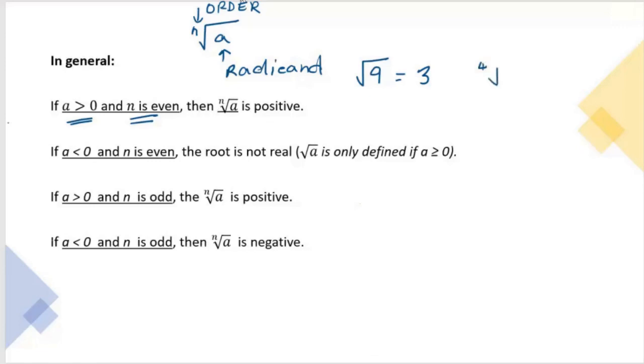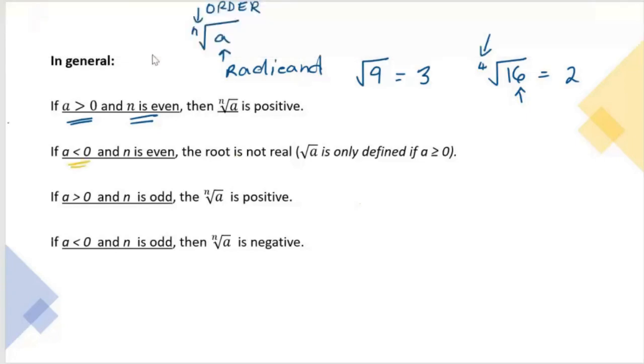We could also say the 4th root. What is the 4th root of 16? N here, the order of the radical, is even, and of course a, the radicand, is positive. The answer will be positive, and what will it be? 2. 2 times itself 4 times is 16.